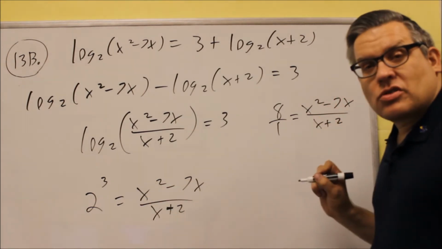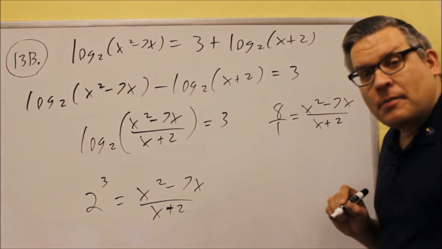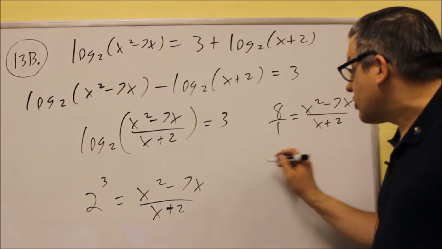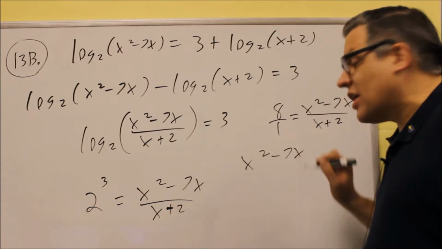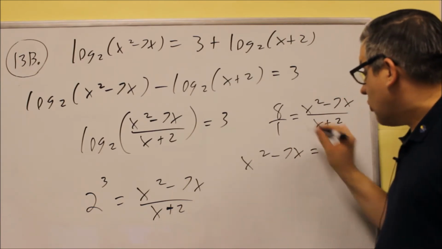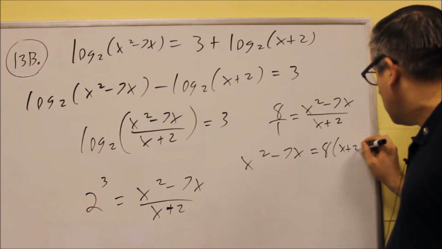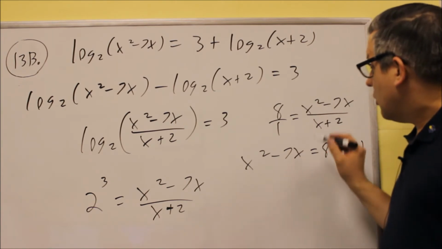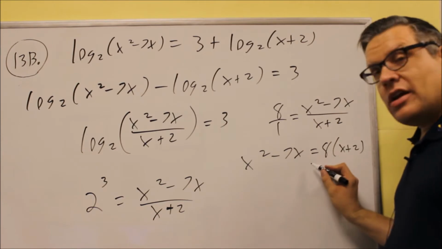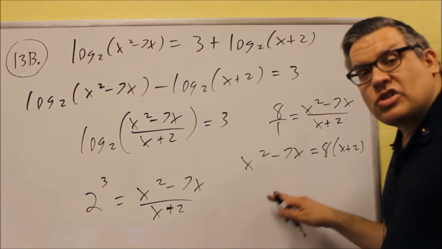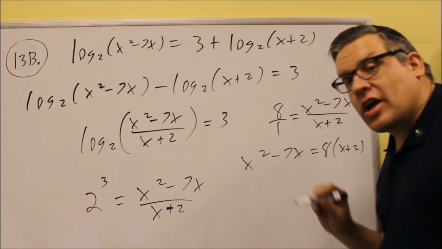Once you have this, you want to cross multiply and get it out of the fraction form. So we're going to multiply these two together, x squared minus 7x. That's going to equal, multiply these together, 8 times x plus 2. You want to get this equal to 0 because you have an x squared there.